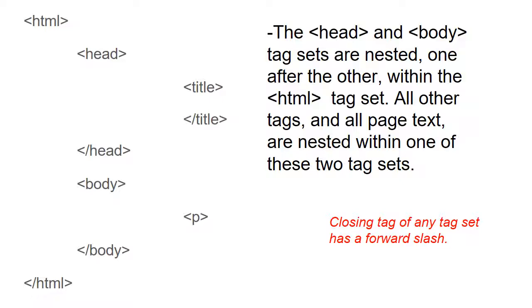Then you have the body tag set. That's where all the page text information will live. In our case, we're going to set off the page text information with a paragraph tag, little P in angle brackets, and every paragraph will begin with a new P in angle brackets. Paragraphs don't necessarily need a closing P tag.